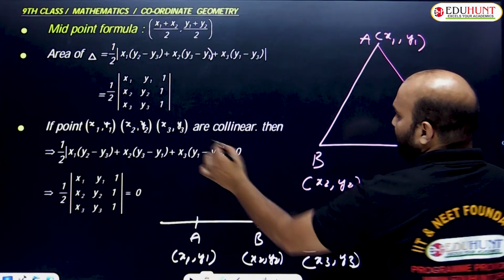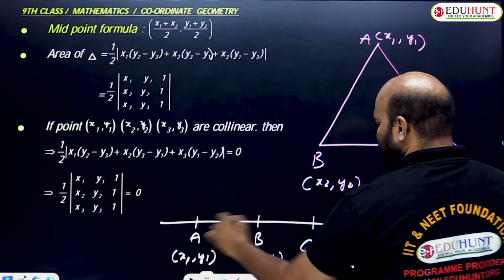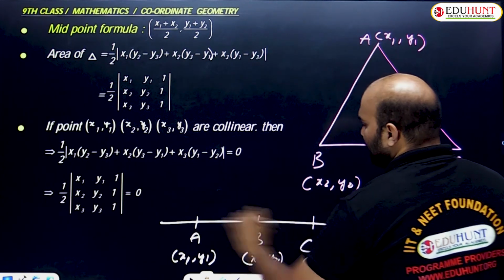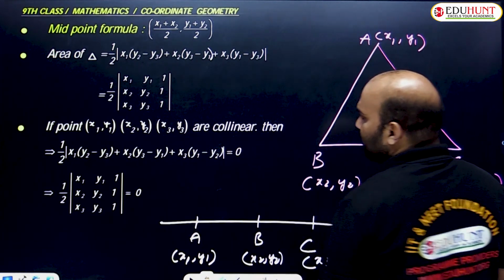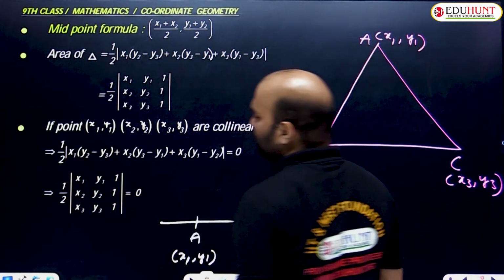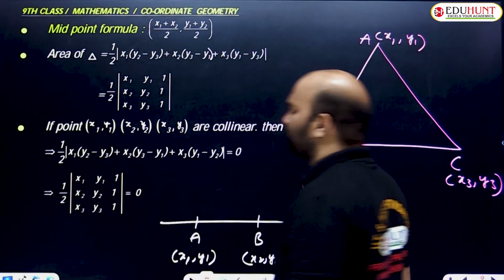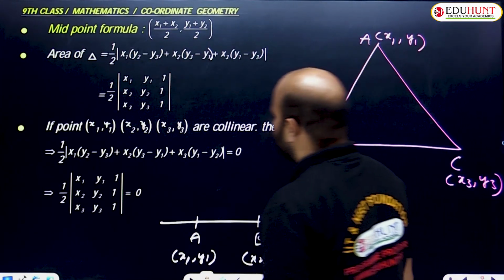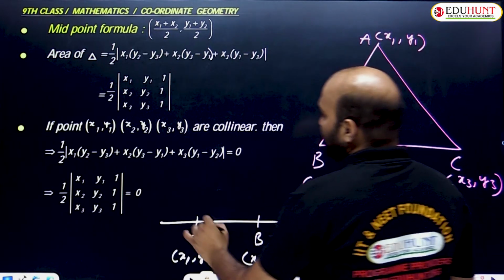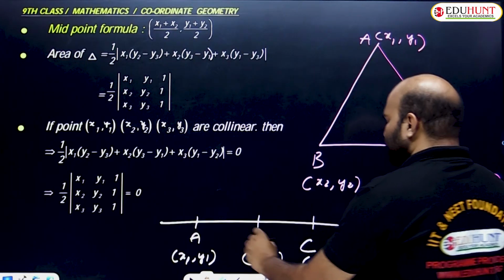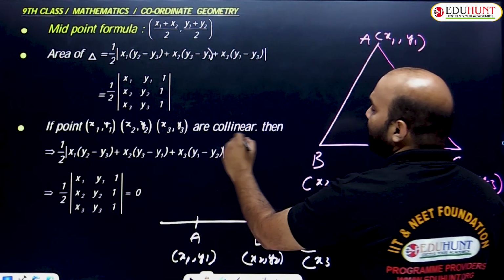So these are collinear, nothing but the three points lie on a single line. Then the area, half into [x1 into (y2 minus y3) plus x2 into (y3 minus y1) plus x3 into (y1 minus y2)], is equal to 0. So A, B, C, three points in a plane, lie on a single line. They are called collinear.